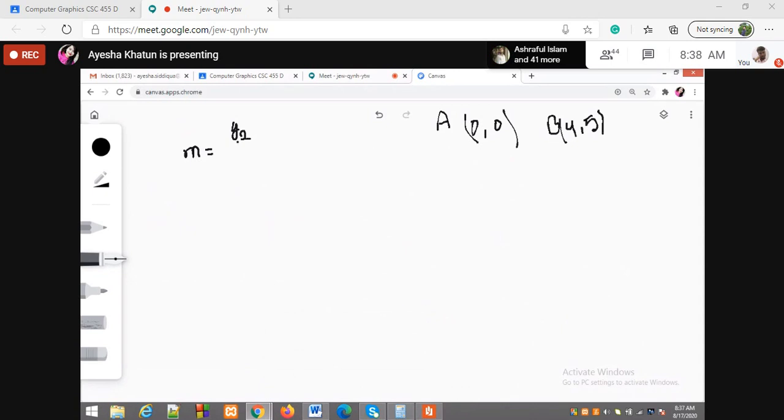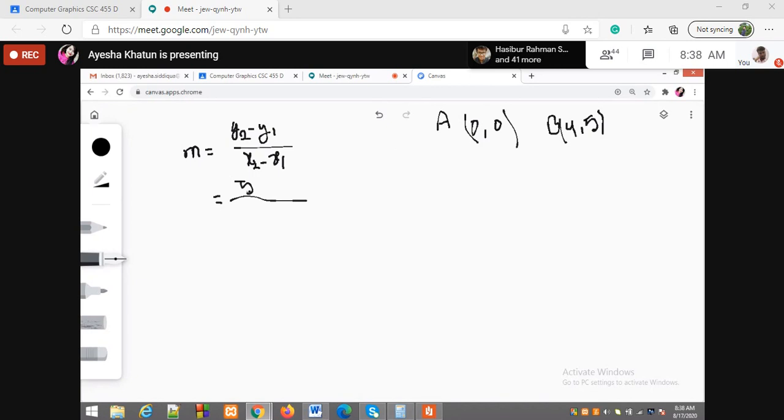So how can we find m? y2 minus y1, divided by x2 minus x1. Now what is the value of y2?